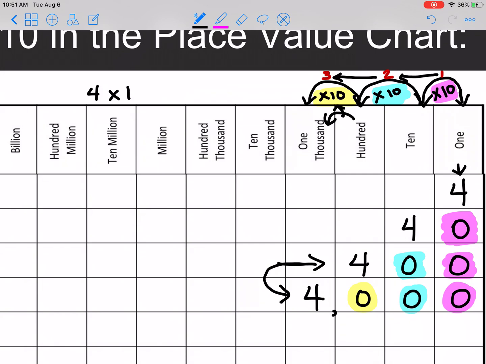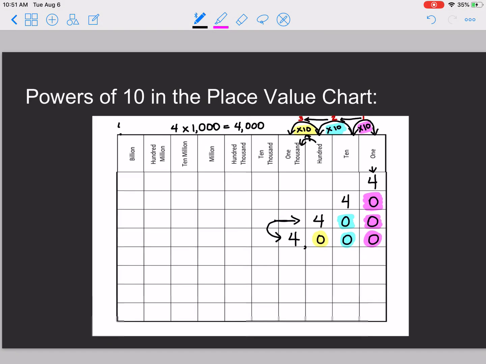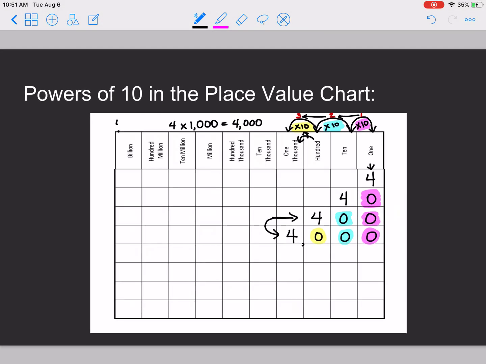So I'm going to go, not times 1, but times 1,000, which has 1, 2, 3 zeros in it. And that will give you 4,000. So what we've done is looked at powers of 10 in the place value chart.